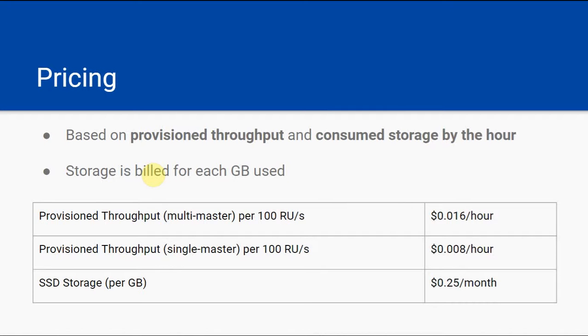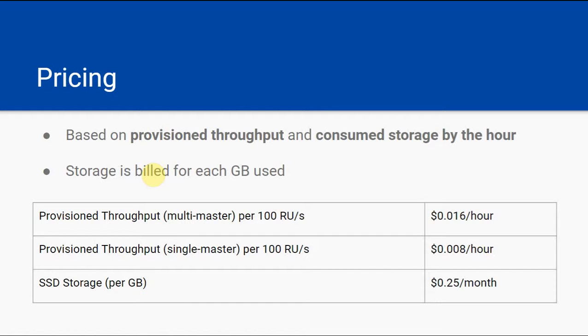And talking about the pricing, the pricing of Cosmos DB is based on the throughput that I mentioned earlier, the provisioned throughput, and the consumed storage by the hour. And also the storage is billed for each DB use. They have given some figures on their website.